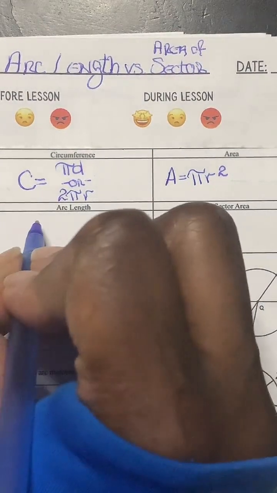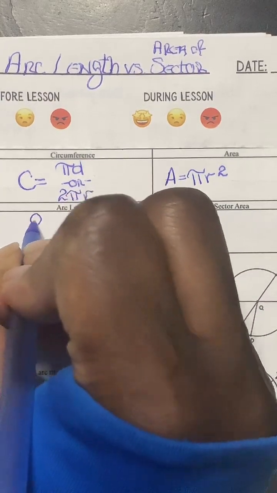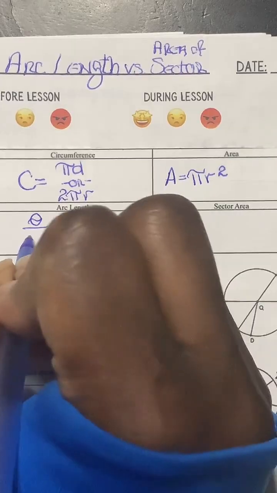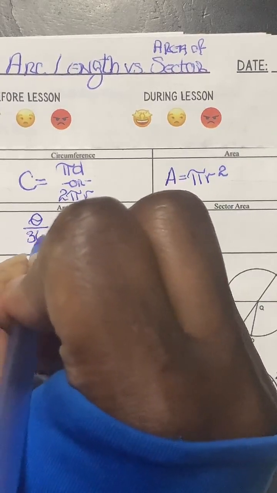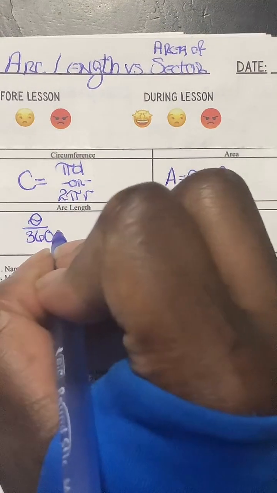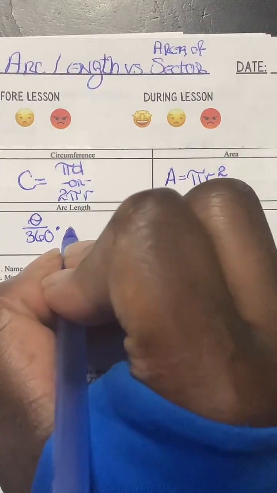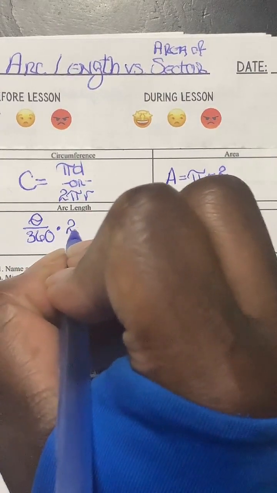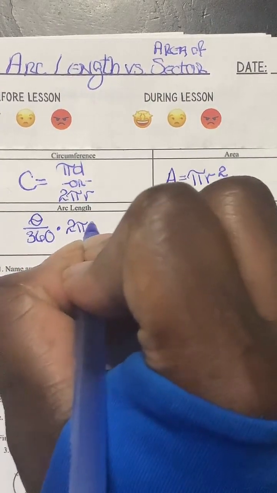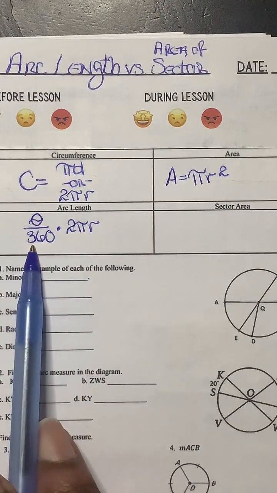Now, arc length, you're taking part of the whole circle. The whole circle is 360, but arc length only deals with the outside, so the circumference. A lot of people know it as 2 pi r, and some people actually reduce this a little bit further.